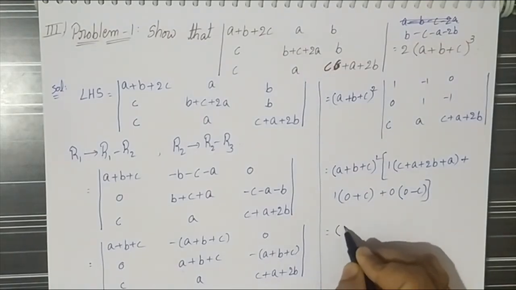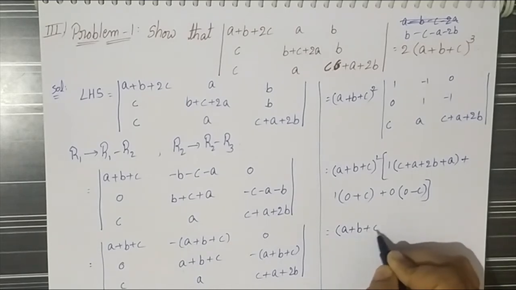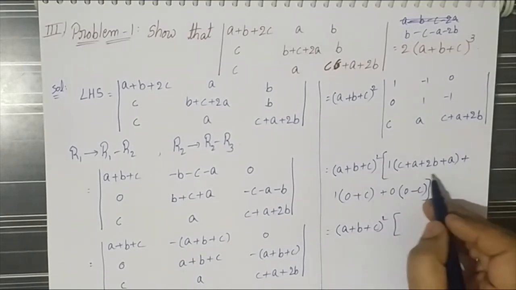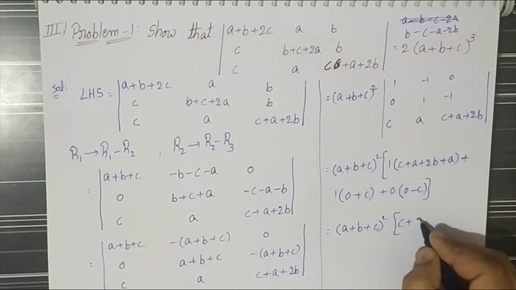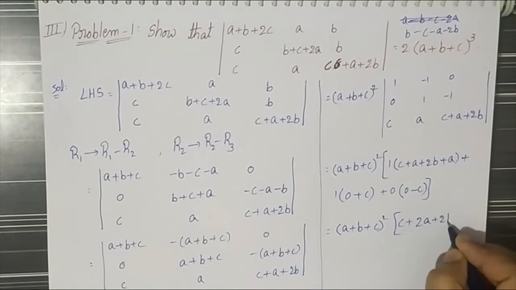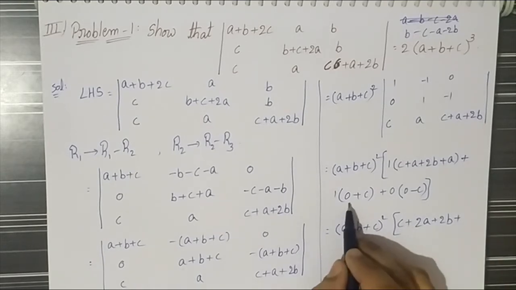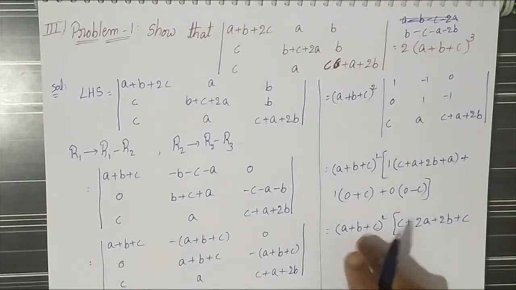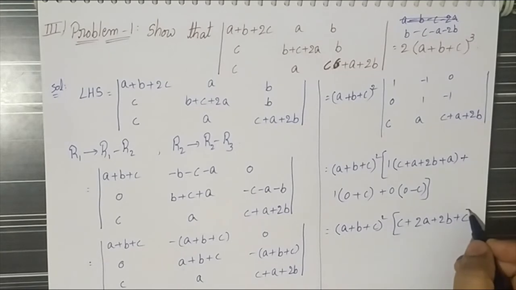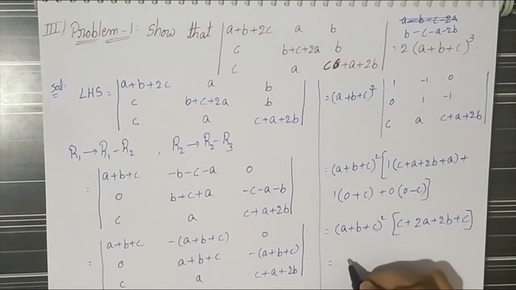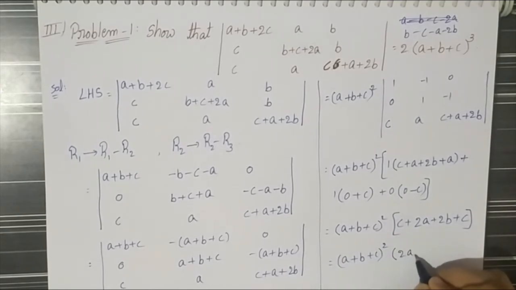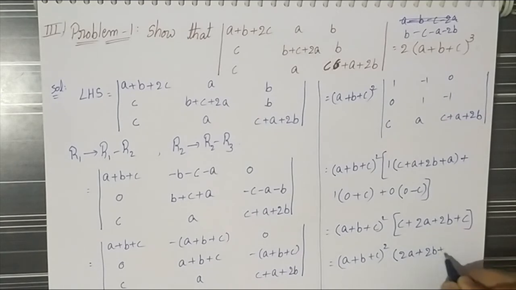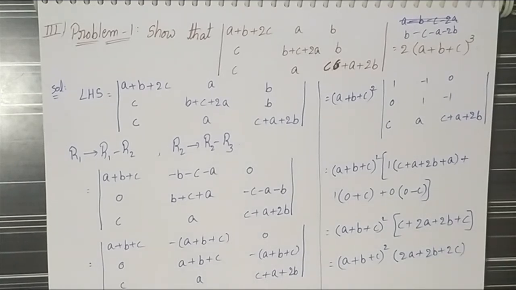That equals (a+b+c)^2 into (2b+c+a+a, that is 2a+2b), plus 1 into (0 0 1 into c c), and 0 into anything is 0. That equals (a+b+c)^2 into (2a+2b+2c).